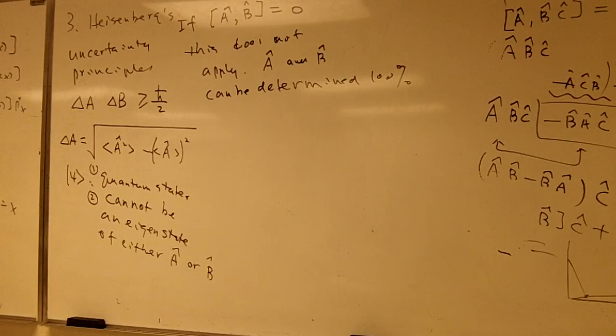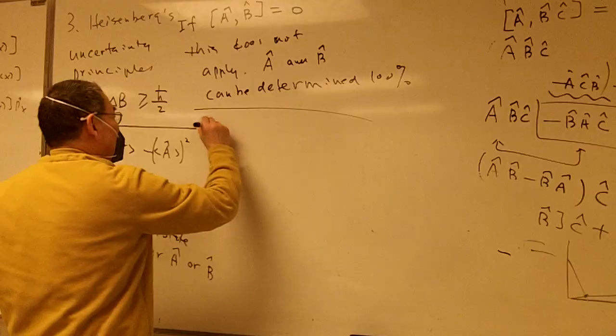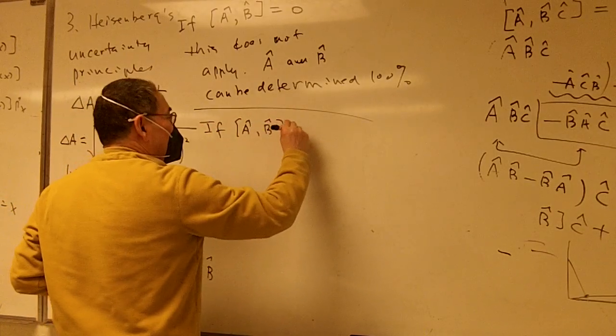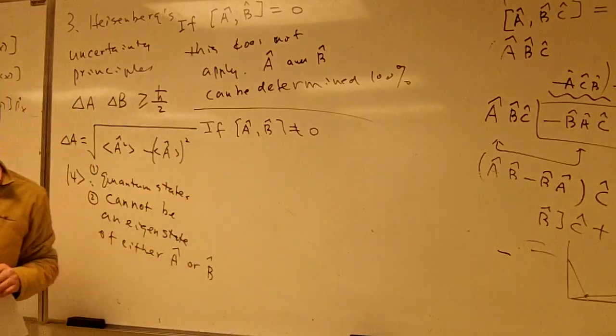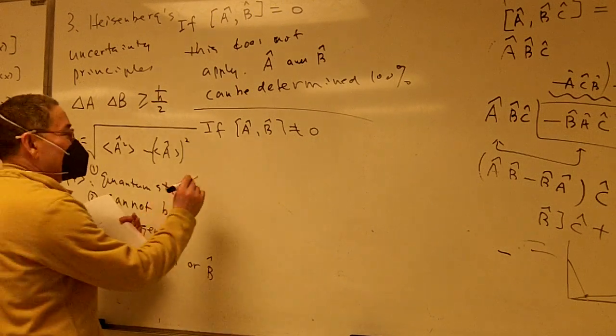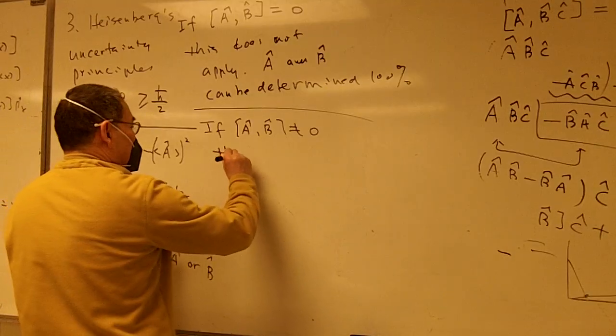There's no need to use the uncertainty principle. This is valuable if the commutator of A and B is not equal to 0, like our position and momentum in this case. You see, position and momentum do not commute. So that's why the uncertainty principle tells you that position and momentum cannot be measured simultaneously, and in this example it applies.